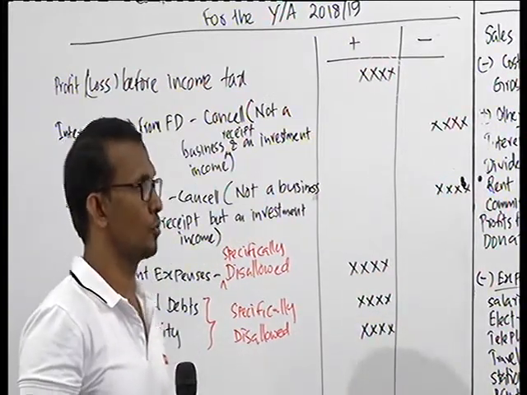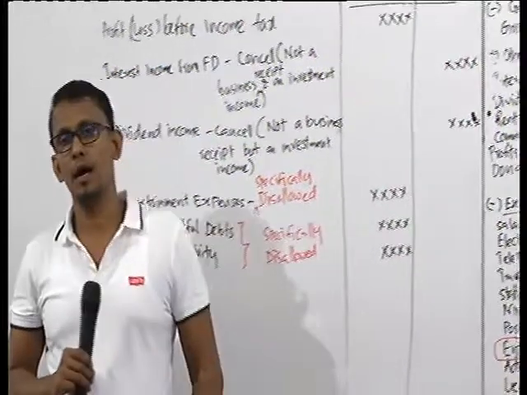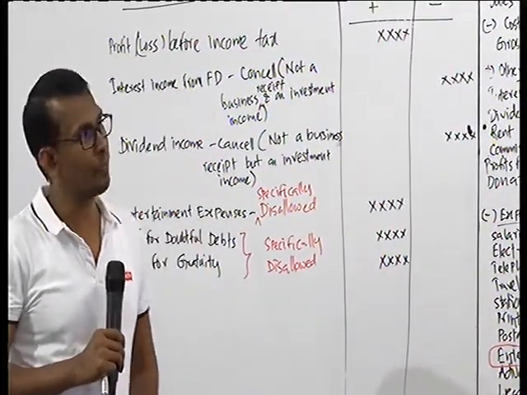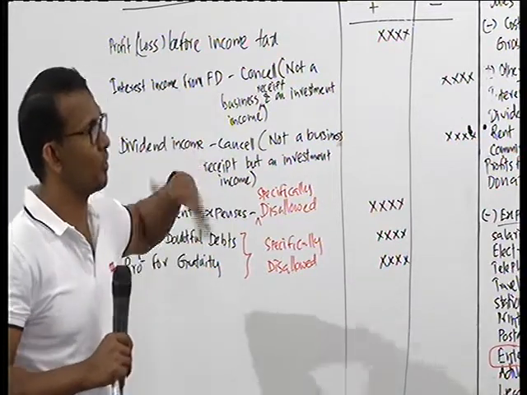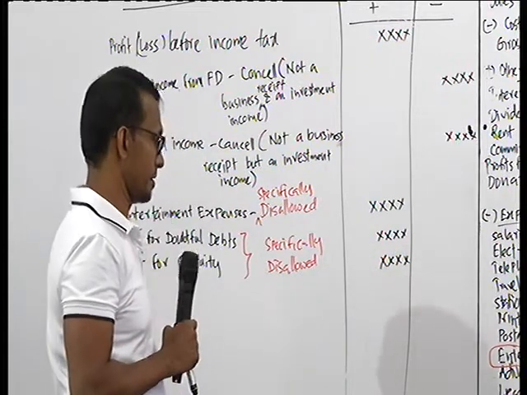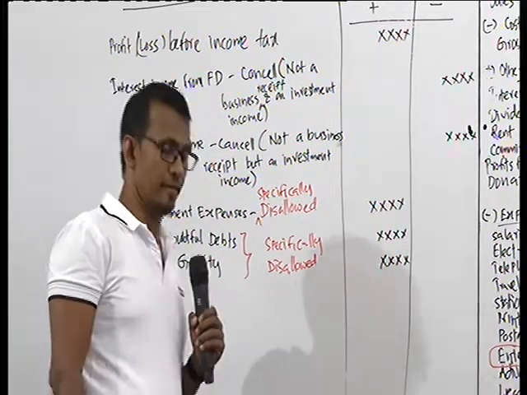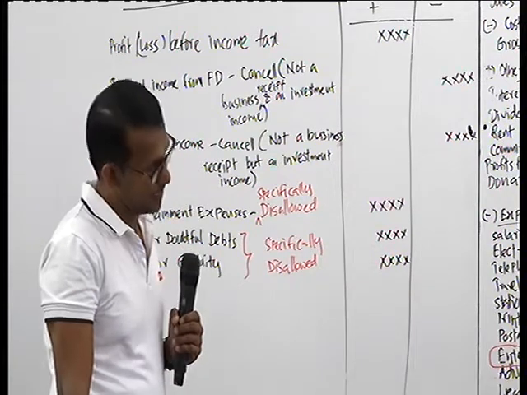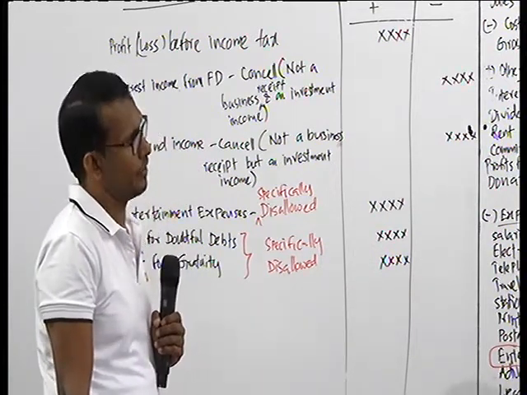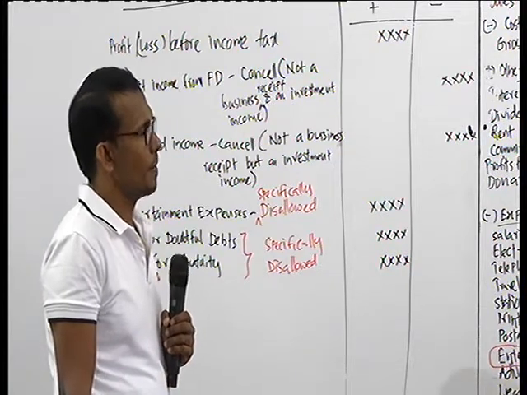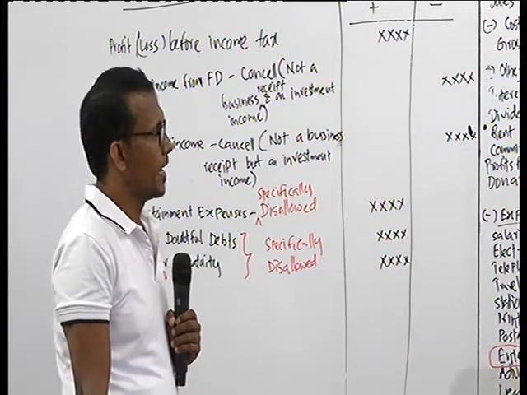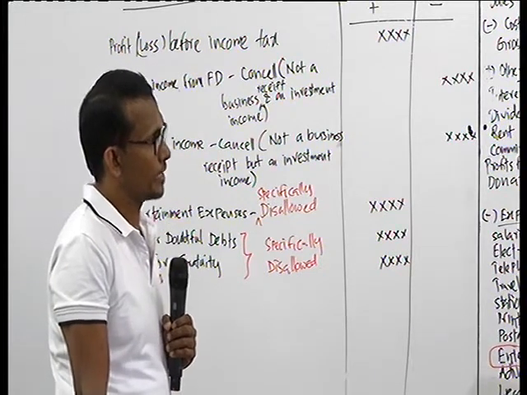Another point you have to remember: in the computation of assessable business income, what you can deduct is revenue nature expenses, but not capital nature expenses. Section 11(2) of the Inland Revenue Act says you cannot deduct any expense in the nature of capital.